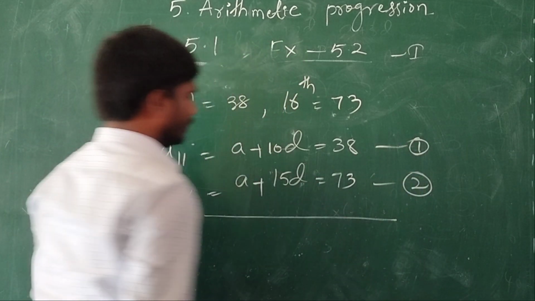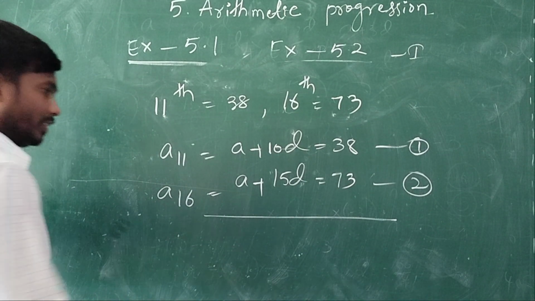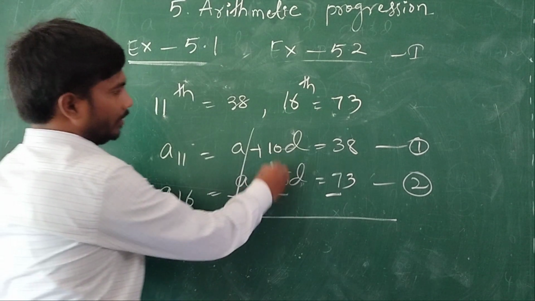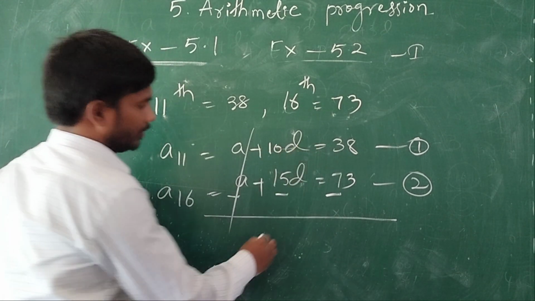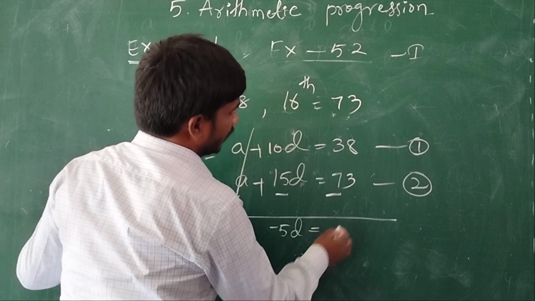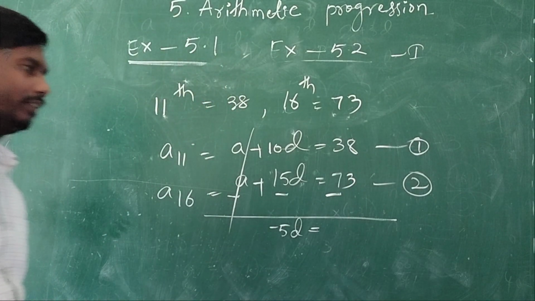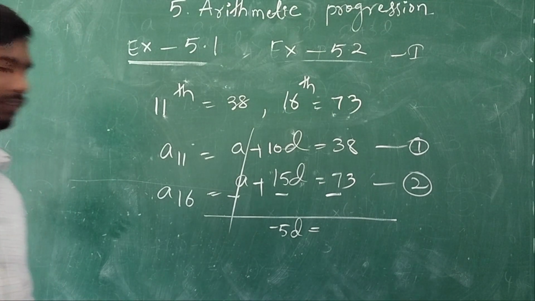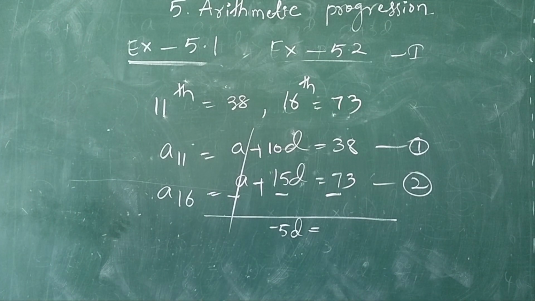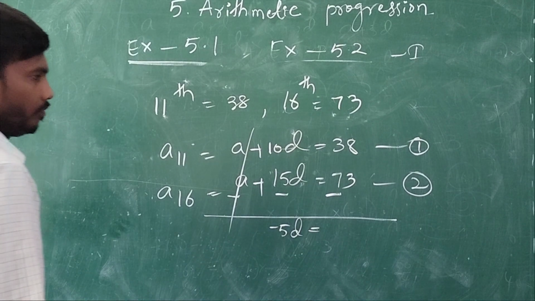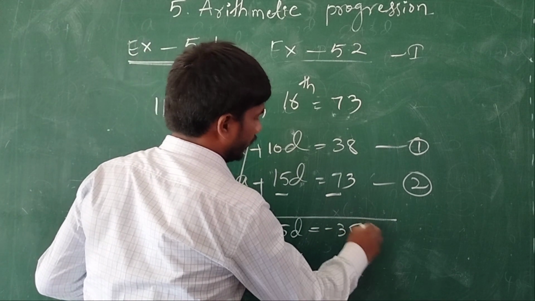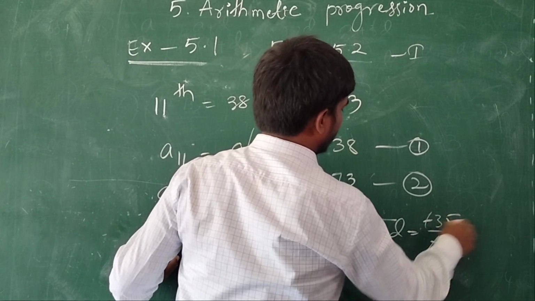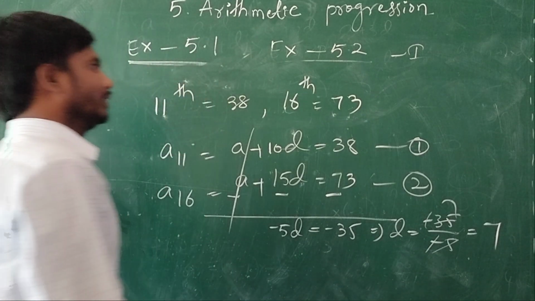Subtracting the two equations, a and a cancel, 10d minus 15d is minus 5d, equal to 38 minus 73, which is minus 35. Then d is equal to minus 35 by minus 5, minus minus cancel, 7. d is equal to 7.